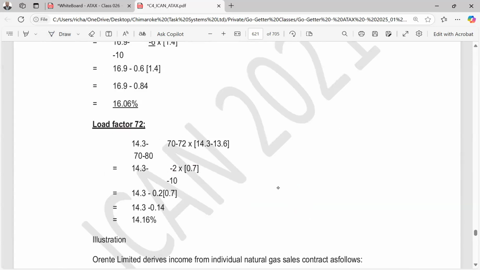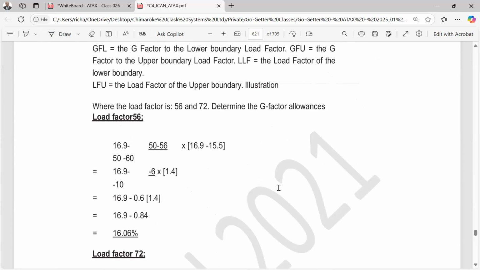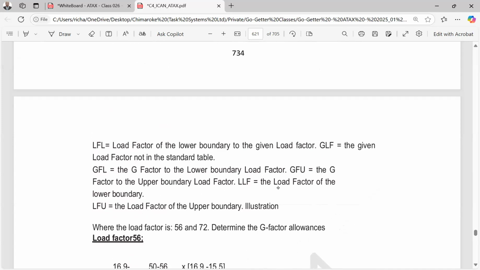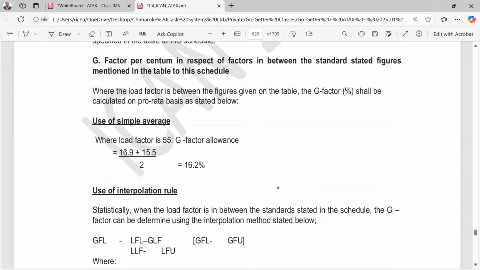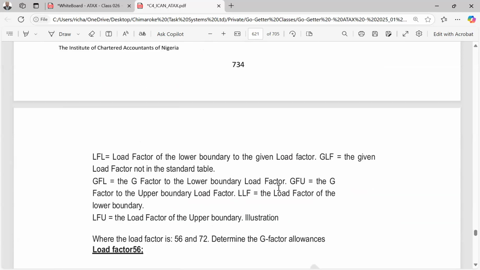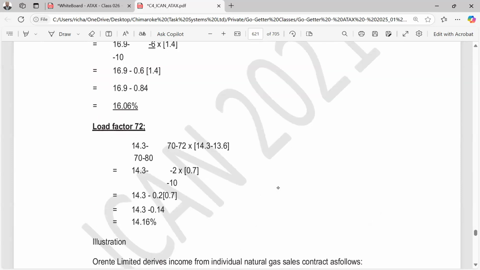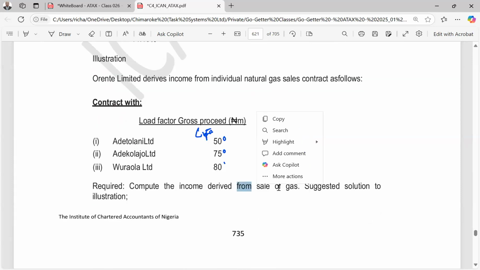So the load factor is supposed to be in degree. So compute the income derived from the sale of gas. The load factor now.